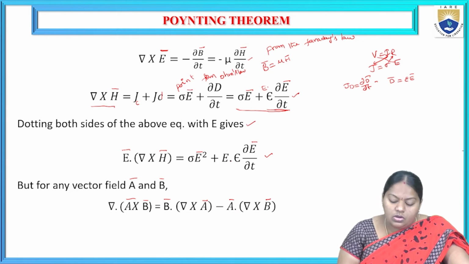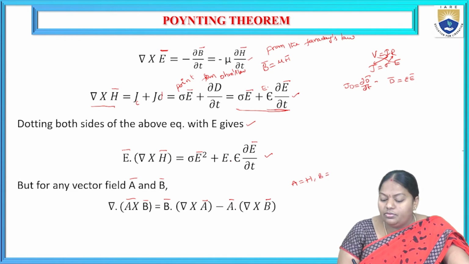Okay, so as we have related this, A is nothing but the magnetic field intensity vector H, and B is nothing but the electric field intensity vector E, right?